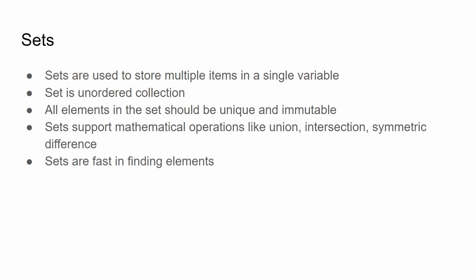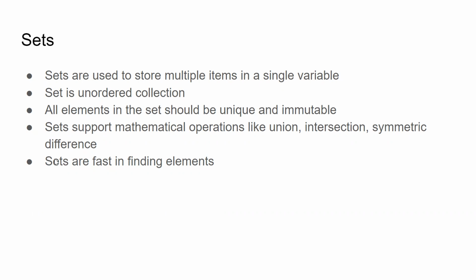Remember that we talked about immutability. What this basically means is that you cannot change elements inside the set. What you can do is remove elements from the set and add another, but not change the element that is inside.